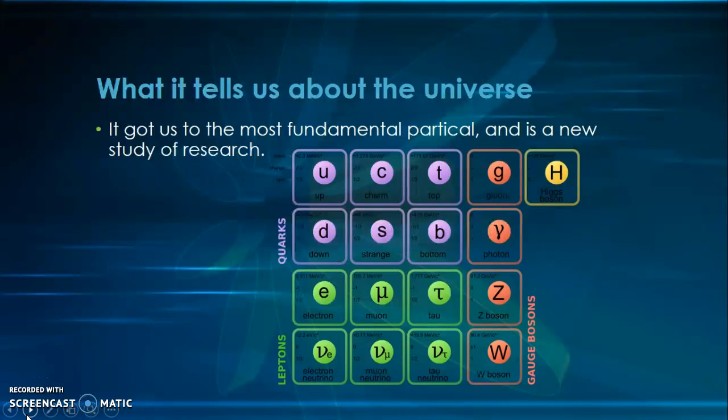The top quark has a mass more than the Higgs boson. The Higgs boson has 126 GeV/c², and the top quark has 173.07 GeV/c². The question here is, if you get your mass from something, how are you going to have more mass than the actual particle itself?